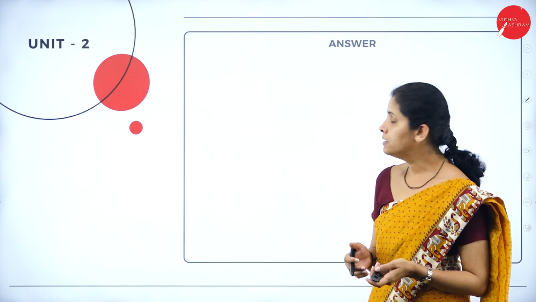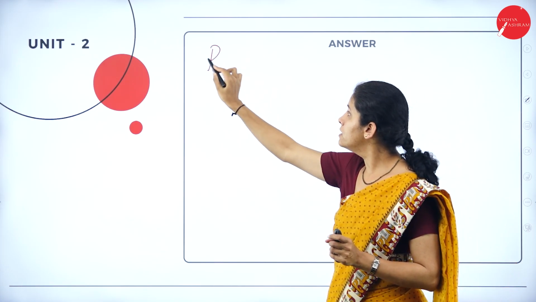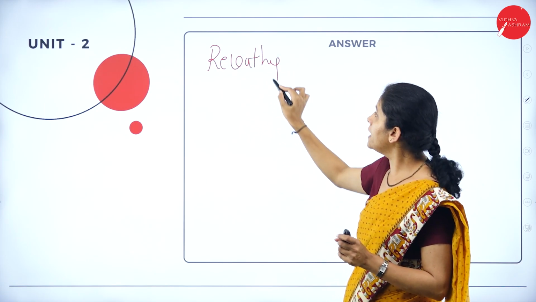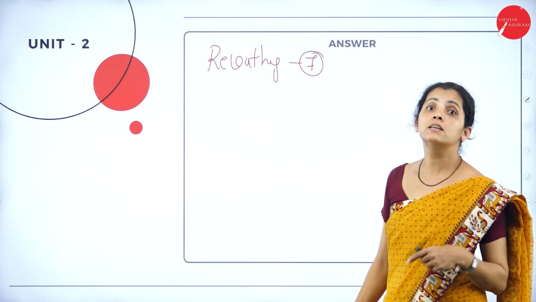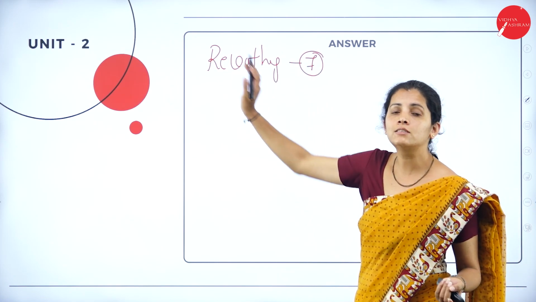For example, if I consider my name, how many characters do I have? I have 7 characters. So it is a collection of characters. It's an example of a string.